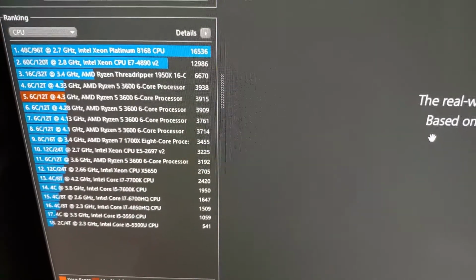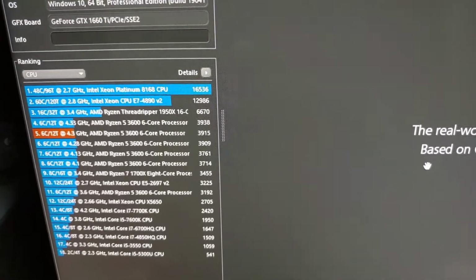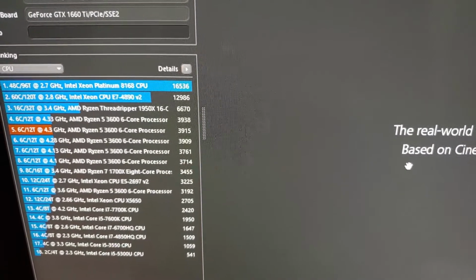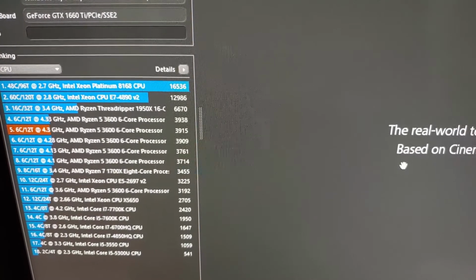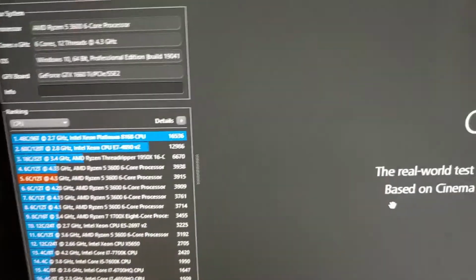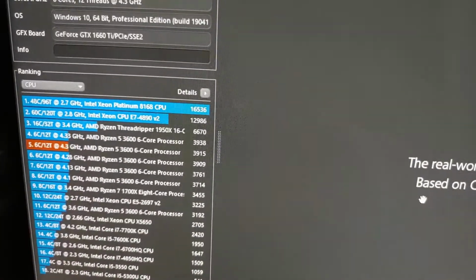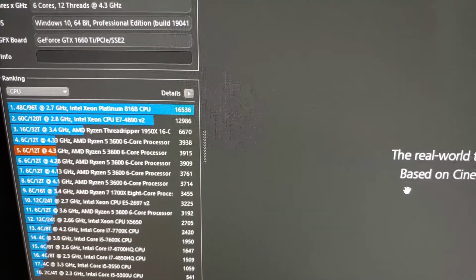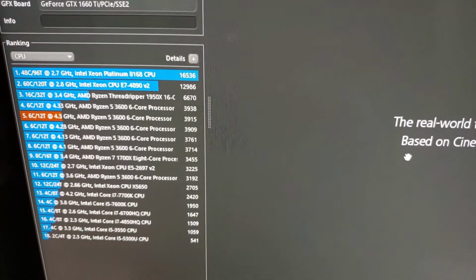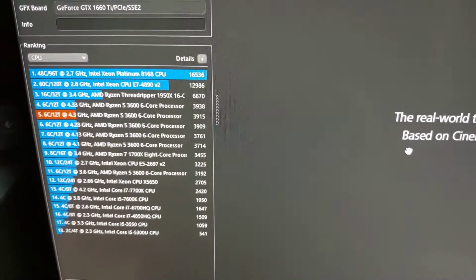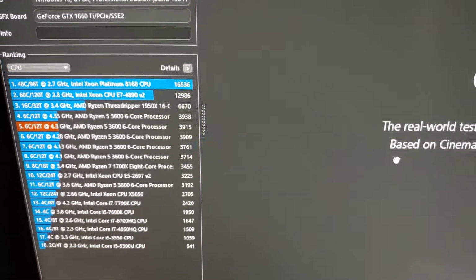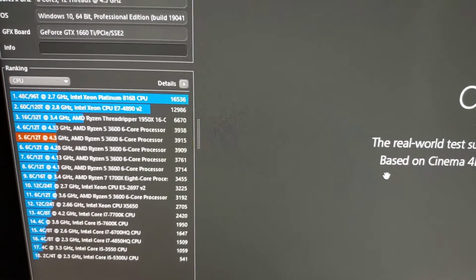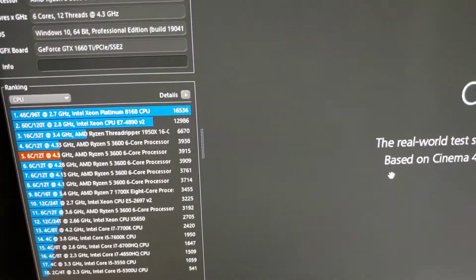I ran it around 10 minutes back, and my score is 3915, and the normal score for a stock Ryzen 5 3600 is only around 3600 to 3650. That's the average you get with Cinebench R20. But we have managed to squeeze out even some more points for multi-threaded benchmarks. You will be able to see that for yourself once you have overclocked your chip.